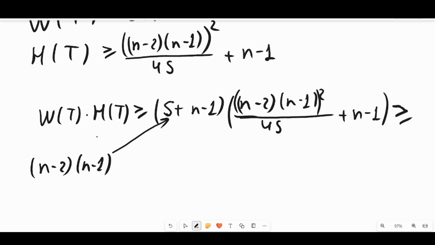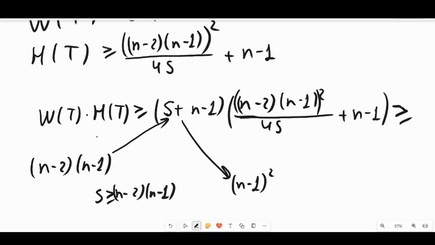And because we know that S was greater or equal to (n minus 2) times (n minus 1), we can insert this number. And we get that this sum equals, the first one would be (n minus 1) squared. And what can we say about the second sum? This would be (n minus 2) times (n minus 1) over 4 plus n minus 1.